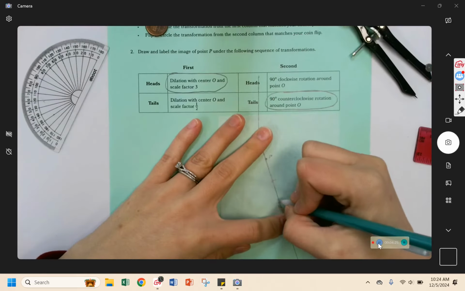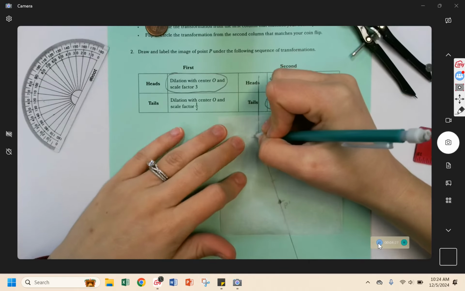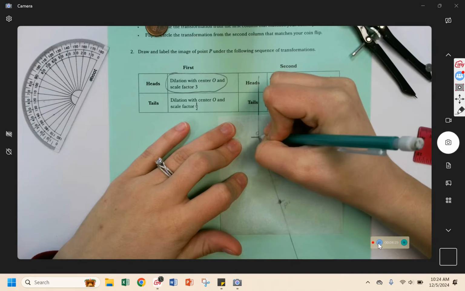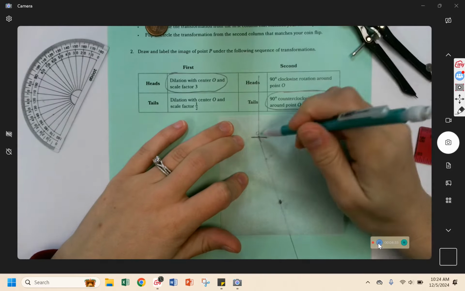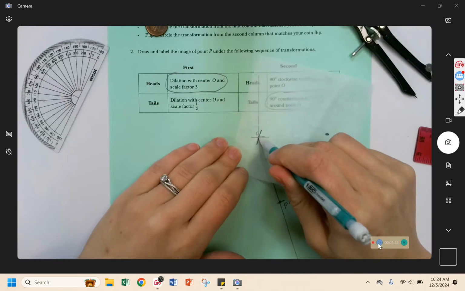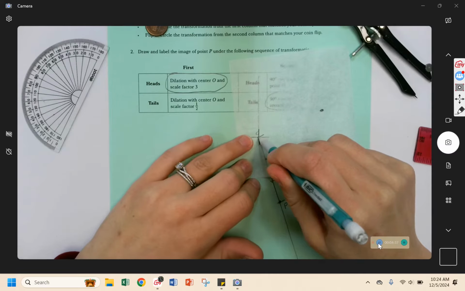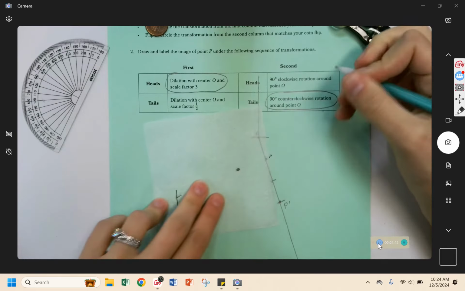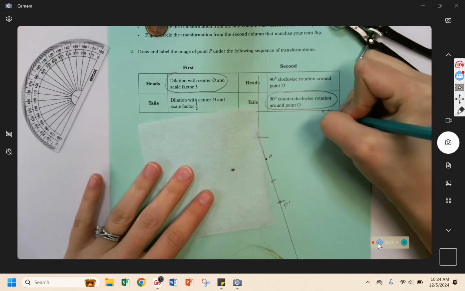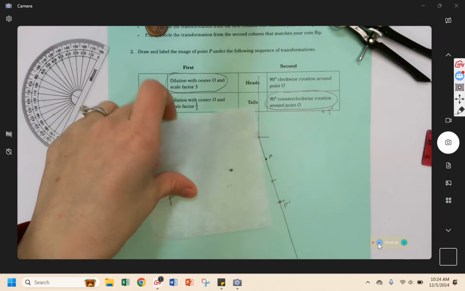So we're going to trace P prime, that line through O, and we're going to rotate counterclockwise, holding our pencil on O, until that line matches up with our mark for 90. And we're going to place it in its new location, labeling this P double prime.